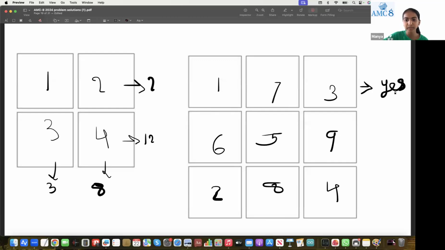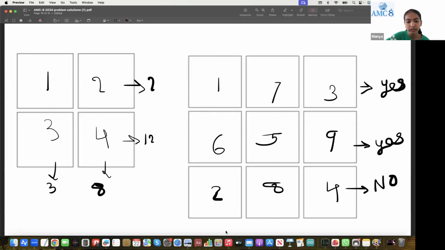How about this one? It contains multiples of 3, which are 6 and 9, so this row must also be divisible by 3. How about this row? It does not contain any multiples of 3, so it is not divisible by 3. We don't even need to calculate, we automatically know.